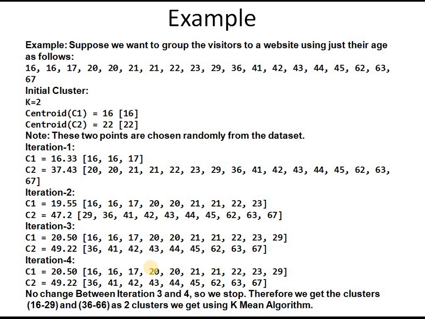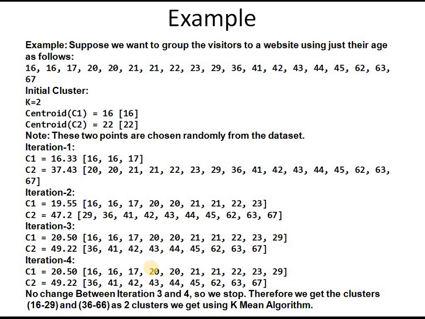For the initial clusters, we have decided on two clusters, which means k equals 2, and we have centroid C1 and centroid C2. We take two values randomly and assign them to different clusters.